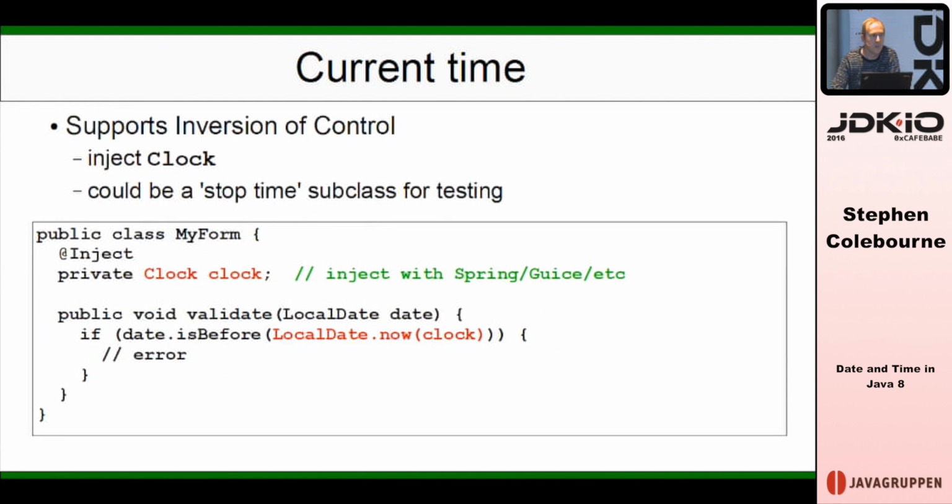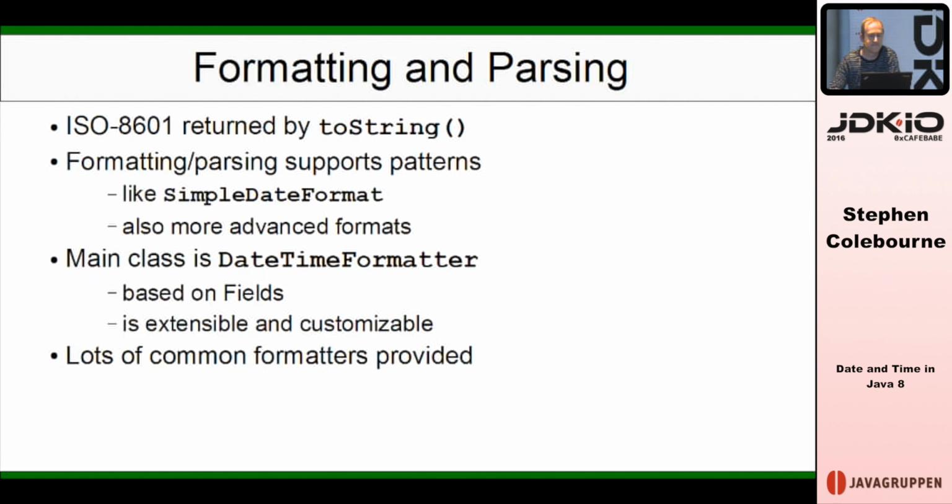Be aware of that. Of course, the great thing about having a class that represents the clock is you can inject it. So if you want to do clocks properly, you would probably inject the clock into your system and never use local date.now with no arguments.